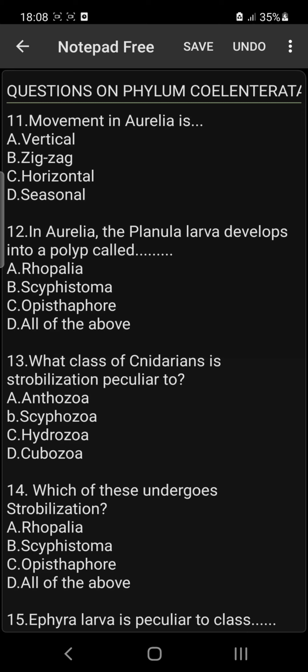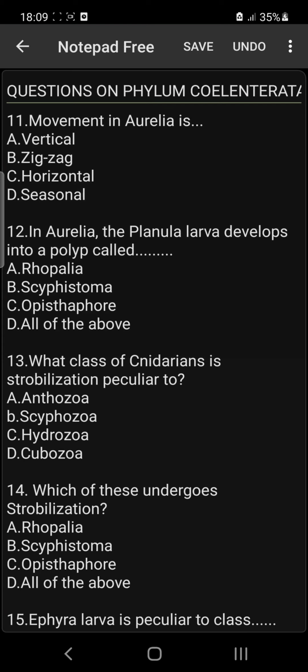Scyphistoma is the polyp that the planula larva develops into, after which it undergoes strobilization. Question 13: Which class of Phylum Coelenterata is strobilization peculiar to? Class Scyphozoa exhibits strobilization. Question 14: Which of these undergoes strobilization?